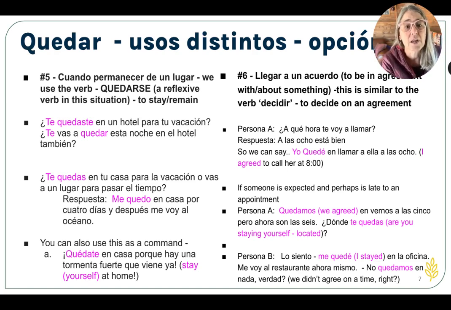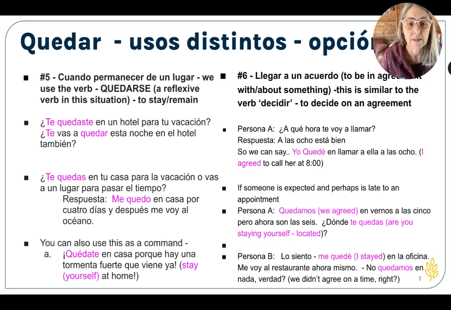Whoever this person is. So let's say you have an appointment, or you think you do, and someone's late. So persona A might say, quedamos en vernos a las 5, pero ahora son las 6. Somebody's late, in your opinion. In my opinion, you are late, right? So ¿dónde te quedas? So this is actually I'm kind of mixing up the use of quedar, but it's okay because you can do that.